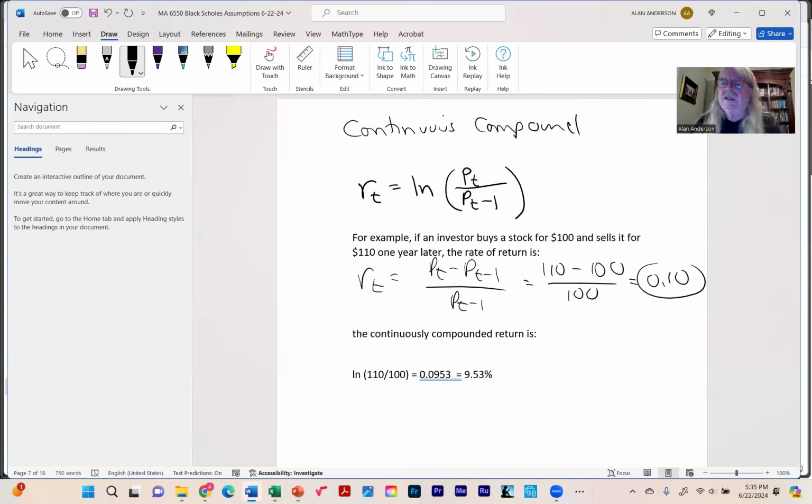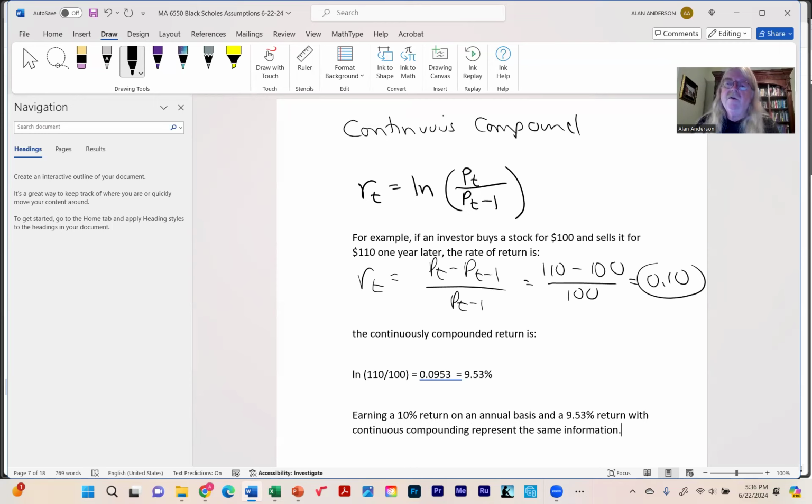Now, it may not seem like it, but earning a 10% return on an annual basis and a 9.53% return with continuous compounding represent the same information.